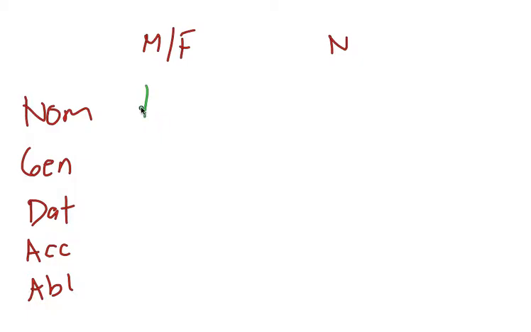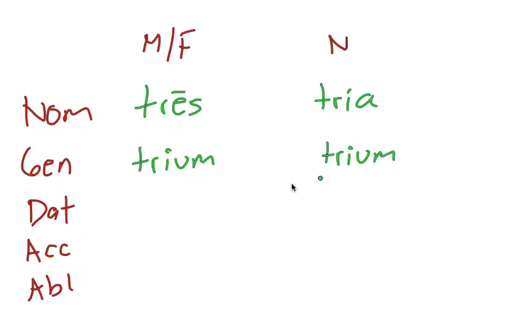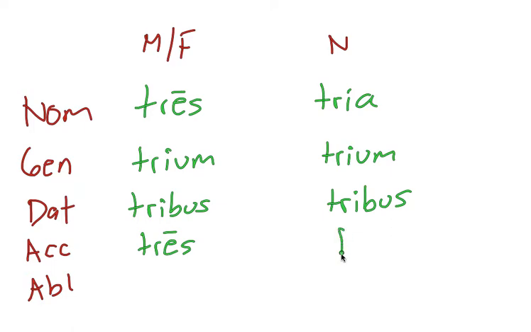So the nominative for masculine and feminine is tres, and the neuter is tria. The genitive is trium, for both forms. And then tribus. Then tres for masculine and feminine, and tria again for neuter, and then tribus for the ablative.